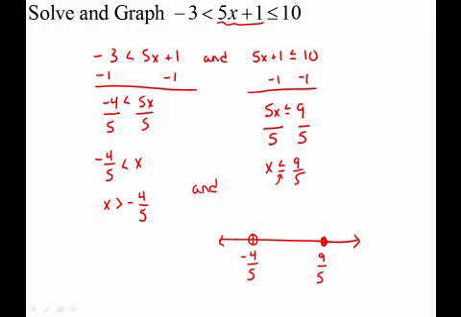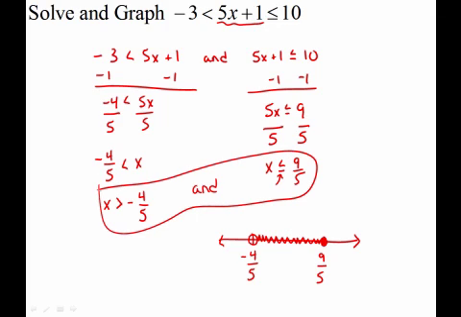And that shows us on the graph that we can actually be equal to 9/5, whereas here we know we can get really close to -4/5, but not right there. And then since it's and, I'm going between them, and so the graph will look like this. And then this would be the answer. This would be the numerical answer. This would be the graph.